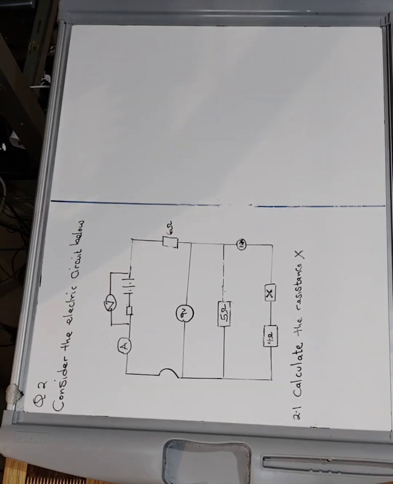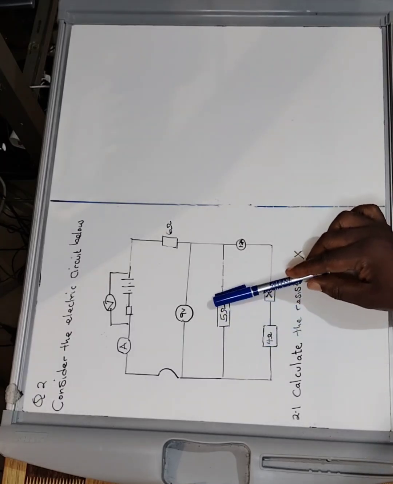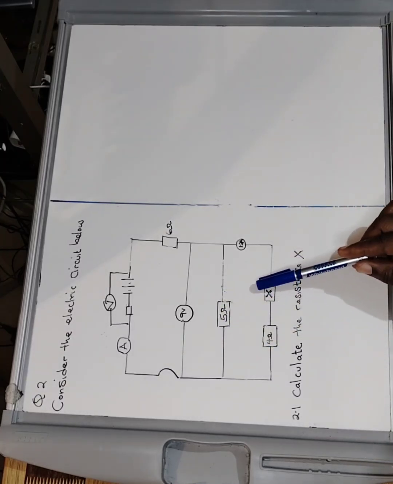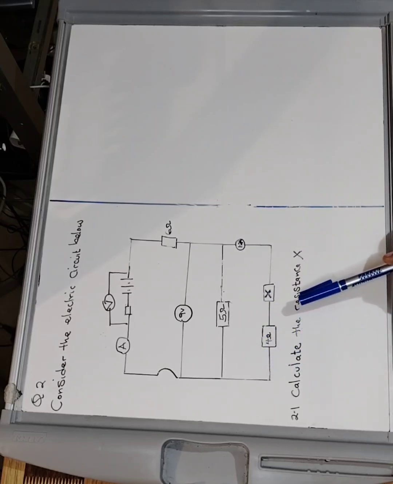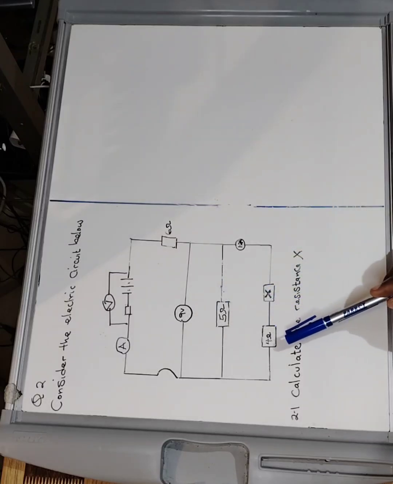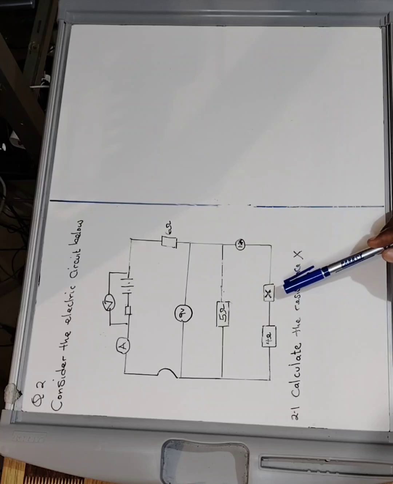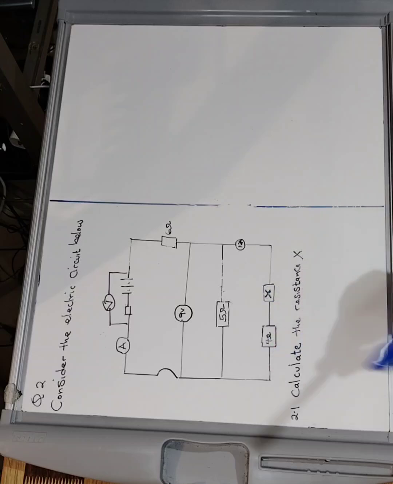So the potential difference across 5 is 9. The potential difference across both this one is 9. It must be understood that it is not that the potential difference across 4 is 9 or across X is 9. I repeat, the potential difference across both this one is 9.